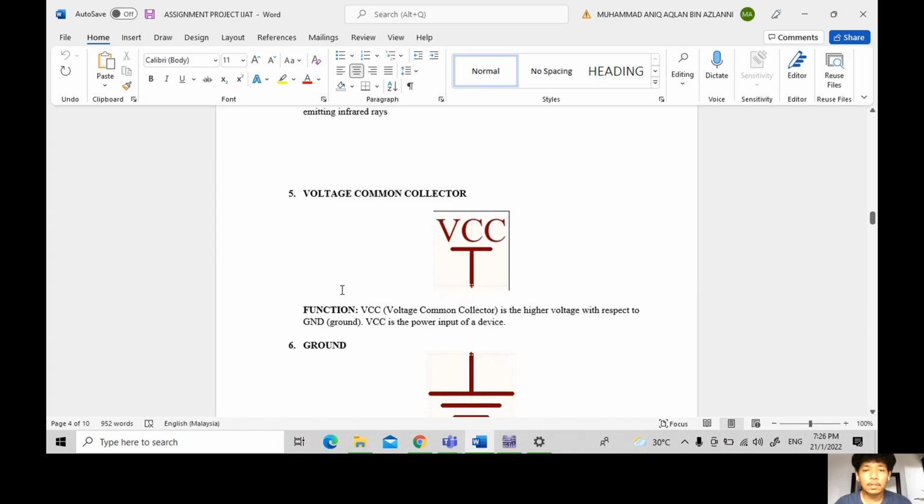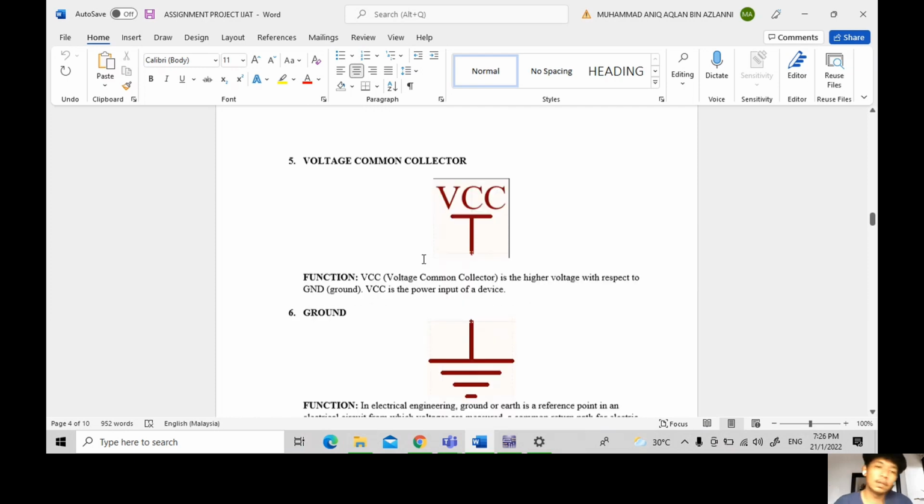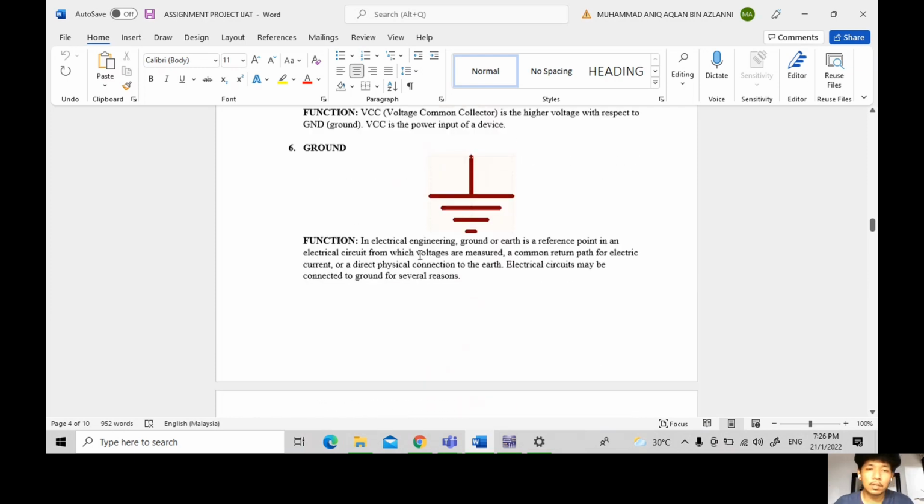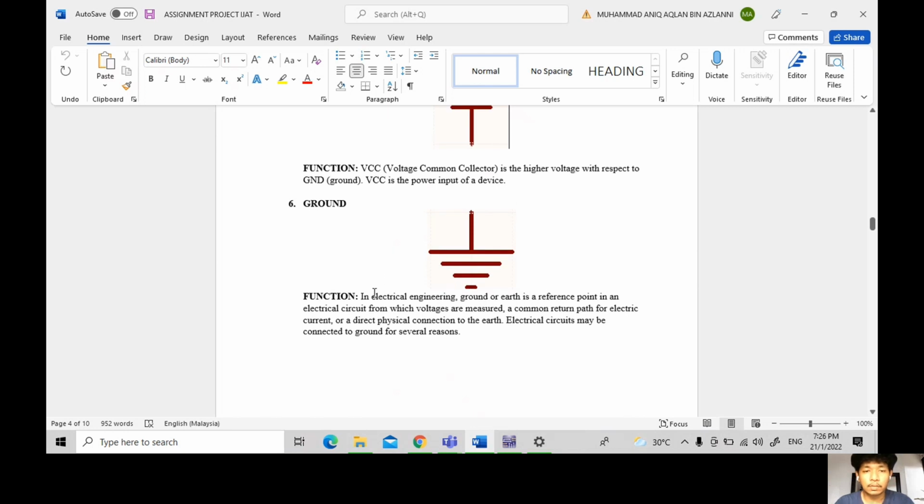VCC is the higher voltage with respect to ground, and VCC is the power input of a device. The last component is ground. In electrical engineering, ground or earth is the reference point in an electrical circuit from which voltages are measured, a common path for electric current, or a direct physical connection to the earth.